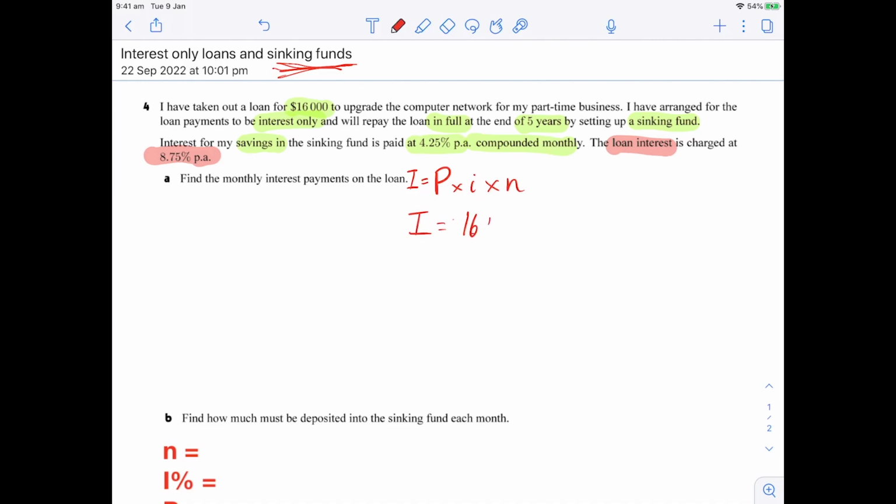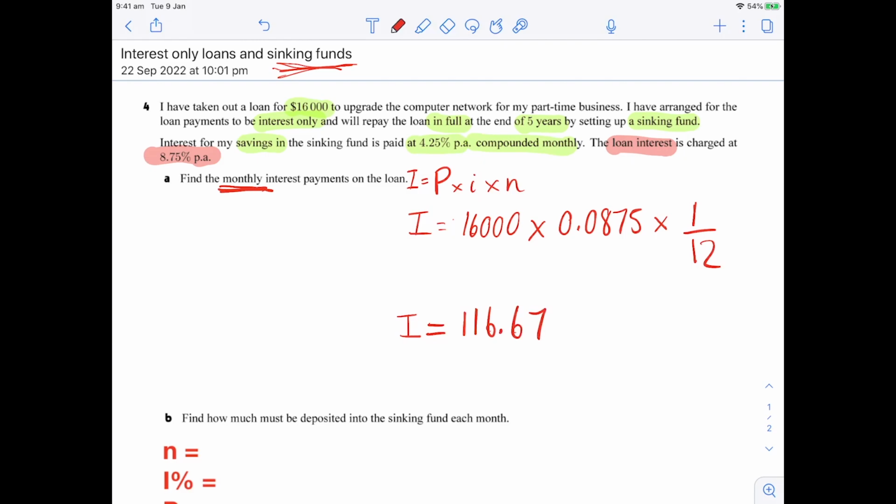This is our simple interest formula: 16,000 times 0.085, so it's your percentage as a decimal, times, I want to make monthly payments. So N is always number of years, so I want what 1/12 of a year is, because I want a monthly payment. And that comes out to be $116.67 per month.